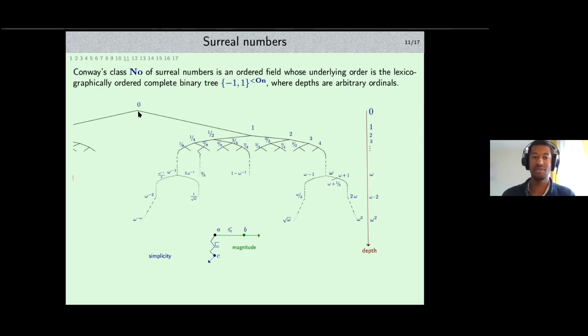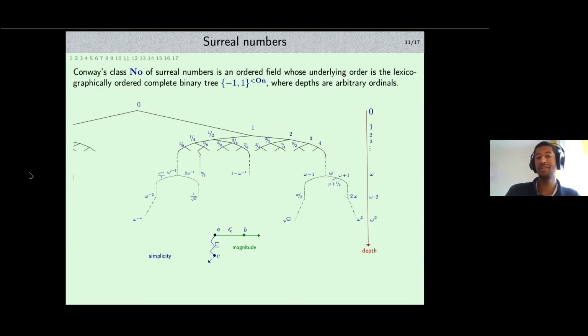So a tree where each node has two successors, one left and one right, and going on the right you get bigger, and going on the left you get smaller. This is just half of the picture, but you take the full binary tree where you don't stop at finite depth, but you also go beyond. So you take ordinals to go beyond.